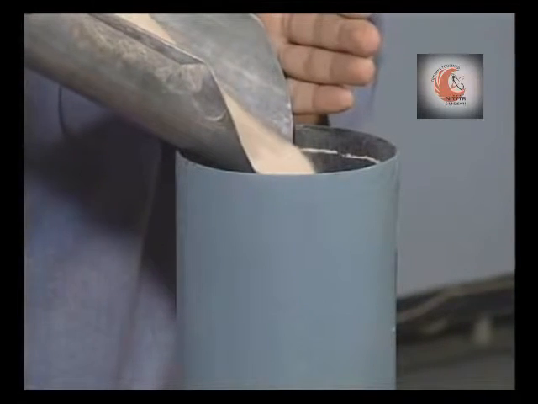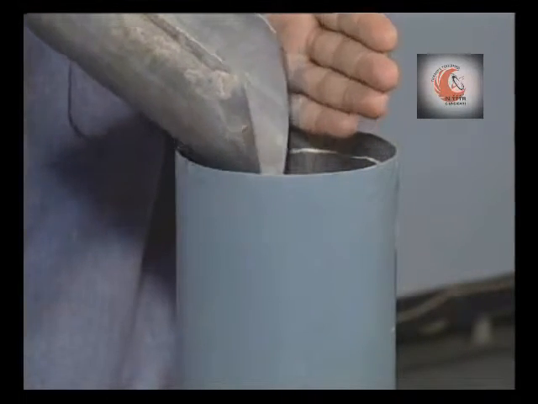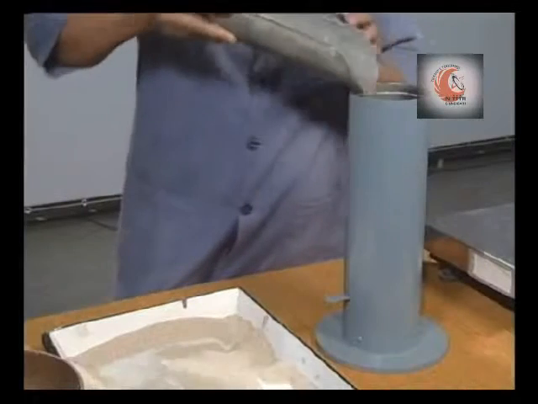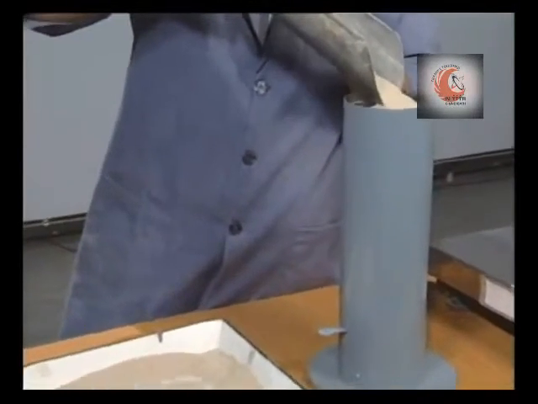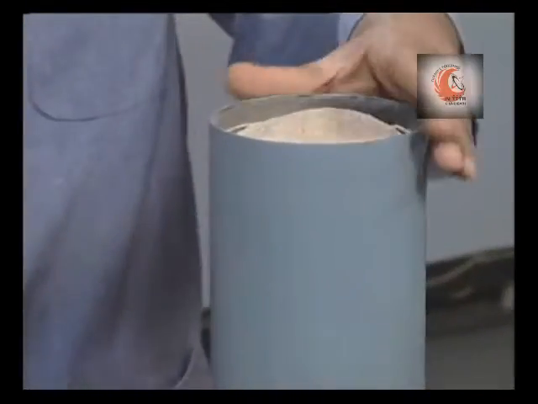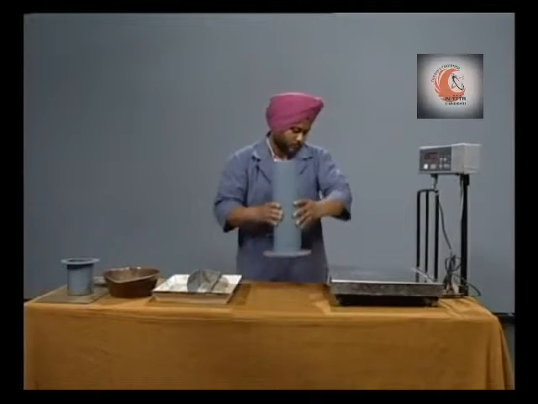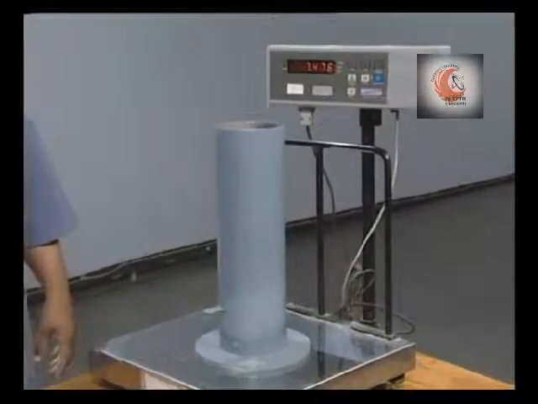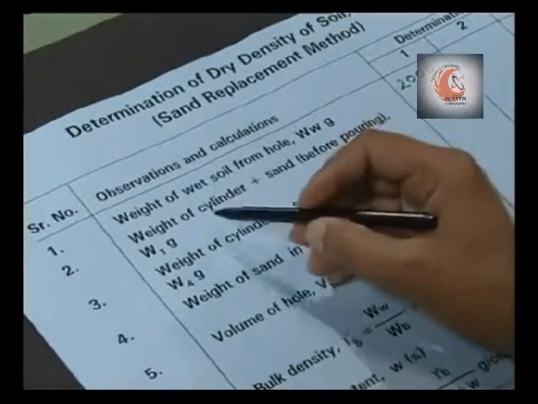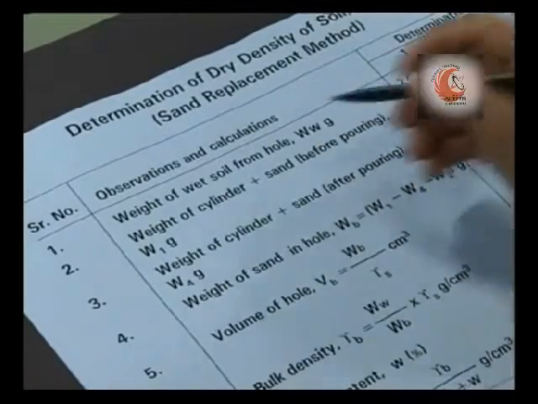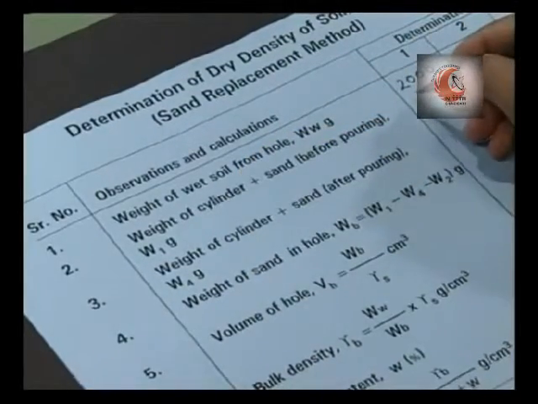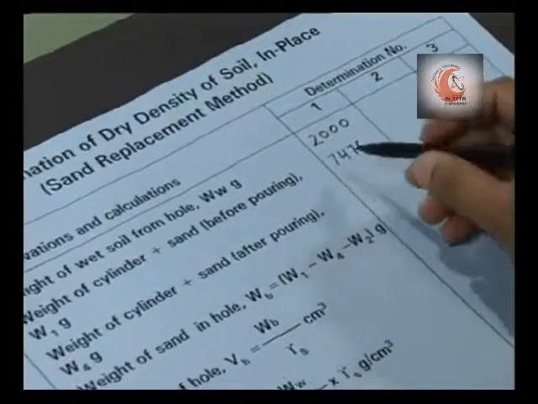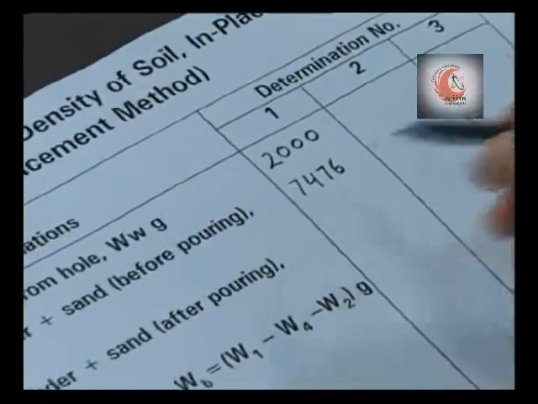Fill the sand pouring cylinder with standard sand to the weight as recorded earlier. Record the weight of the cylinder with sand before pouring, that is W1. This weight is same as recorded earlier.